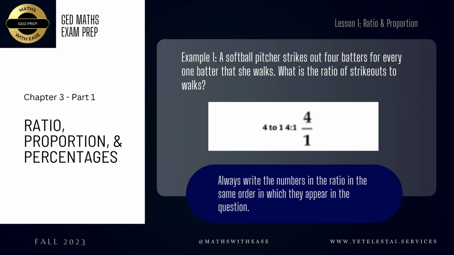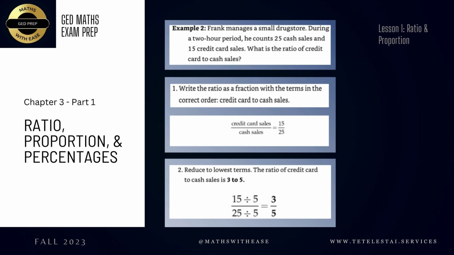So in this example, we're being told that Frank manages a small drugstore, and during a 2-hour period he counts 25 cash sales and 15 credit card sales. We're being asked, what is the ratio of credit card to cash sales? So again, you want to pay attention to the order in which the question is asking you to present the ratio.